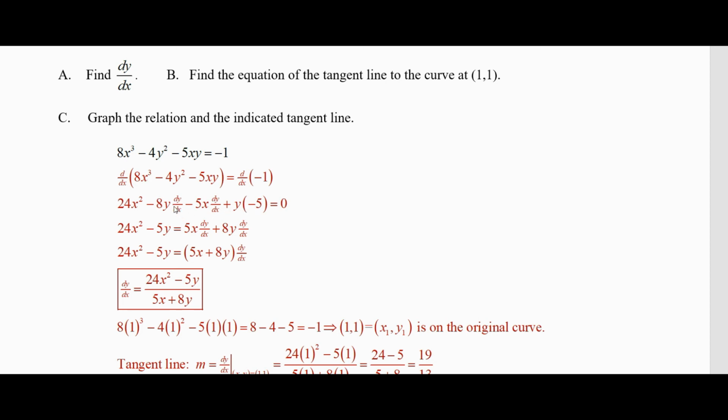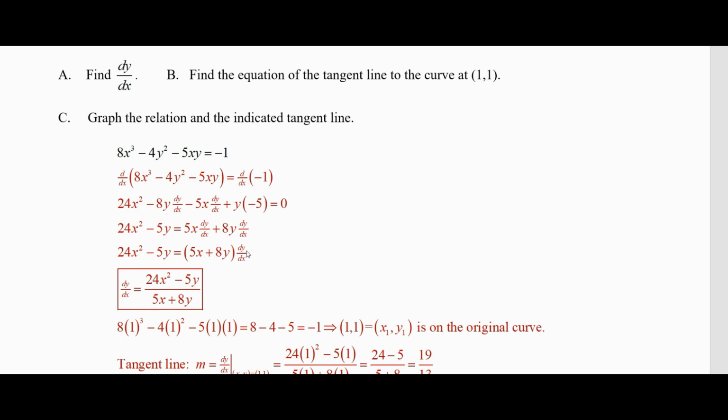Now what we want to do is solve for dy over dx, so we need to get those terms on one side and the others on the other. So I'm going to leave the 24x squared and the minus 5y on the left, but I'm going to add the opposite of these two to get them to the other side, so that gives me positive 5x dy over dx plus 8y dy over dx.